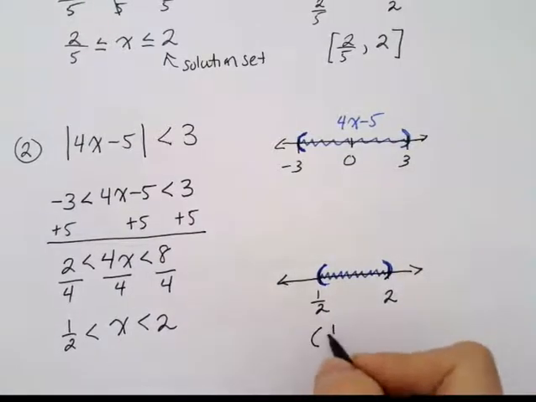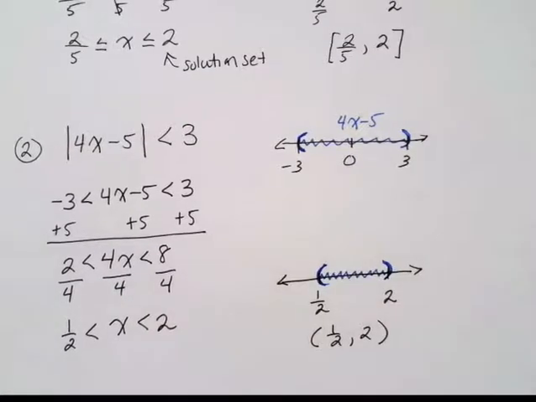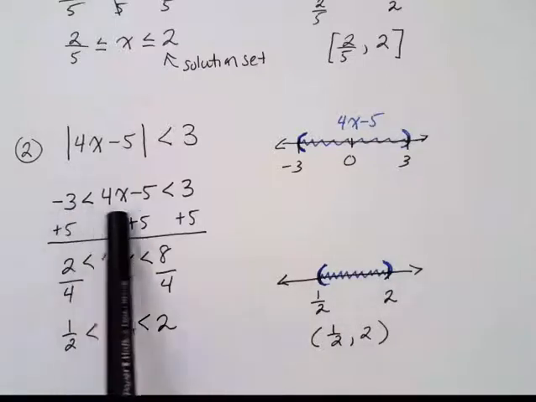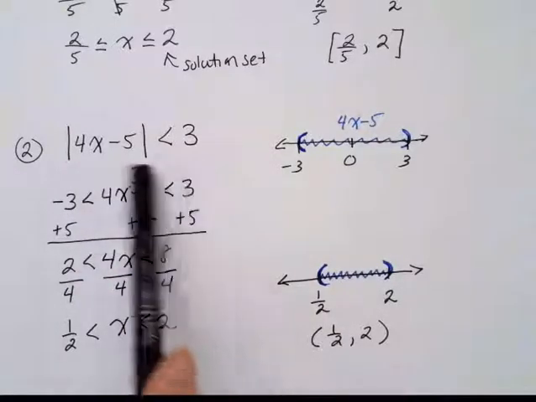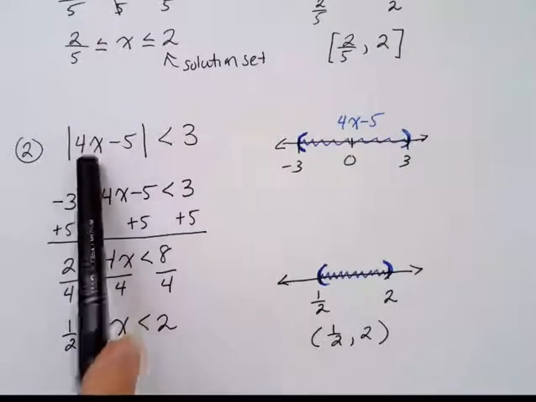So parentheses, 1/2, comma, 2, parentheses. And once again, that means that the values of x between 1/2 and 2, not including 1/2 or 2, all the values in between, would work for this compound inequality, and this compound inequality is equivalent to this absolute value inequality.